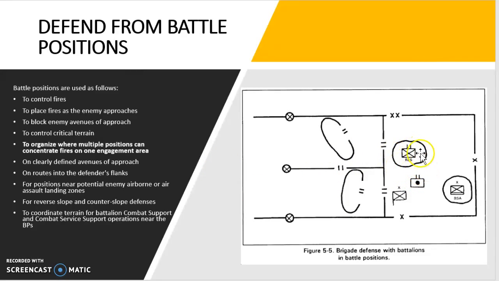Because here you have a reserve battalion, a field artillery battalion. It looks like they have a brigade command post here, and then a battalion support area. It looks like a brigade support area over here. So they have all these support units, and they don't want them getting interference or obviously attacked by the enemy. So they've set up different battle positions.